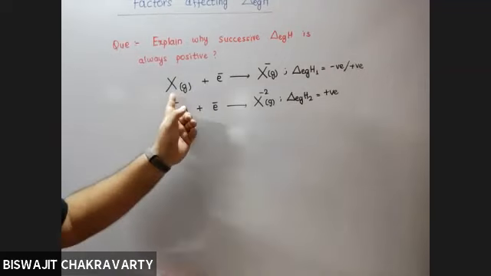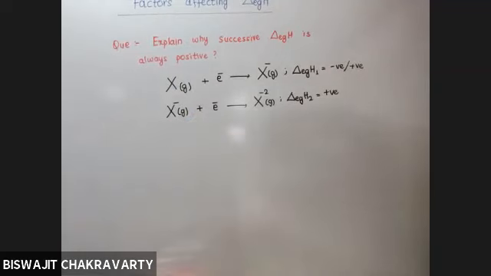But after accepting a single electron, it develops a negative charge. It becomes an anion. And in the second step, if you want the atom to further accept an electron, will it accept easily, or will there be any difficulty now? So there will be difficulty.